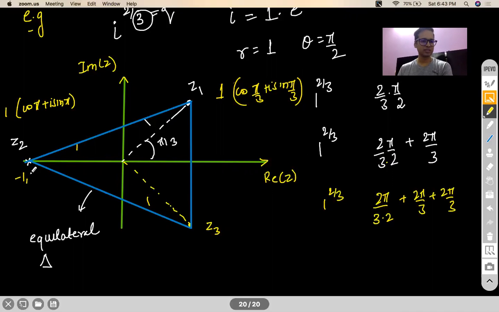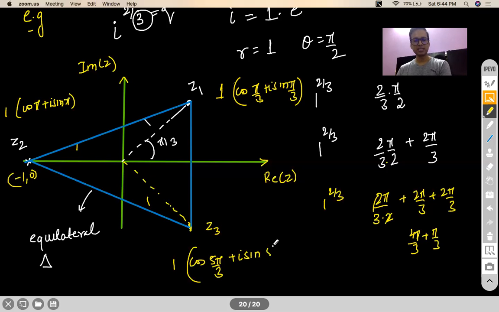Actually, it is minus 1, to be more frank. Okay. And Z3 will be 1 cos. Now remember, here I have exceeded my principal argument range. But functionally, it is not going to make any difference. Okay. So let me write it down. This is 4 pi by 3 plus pi by 3, which is 5 pi by 3.